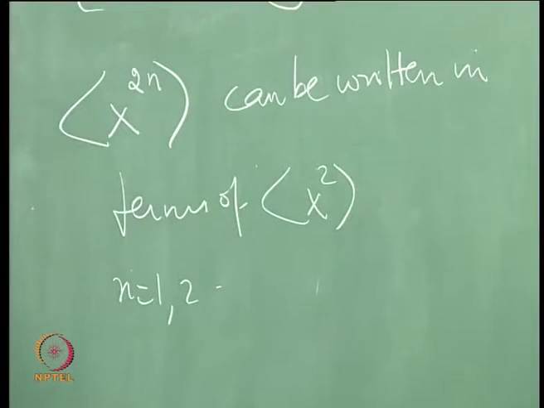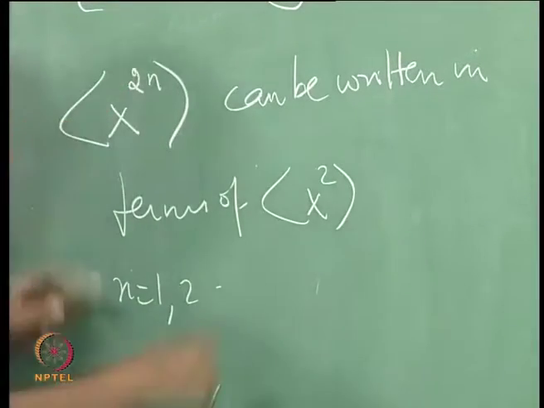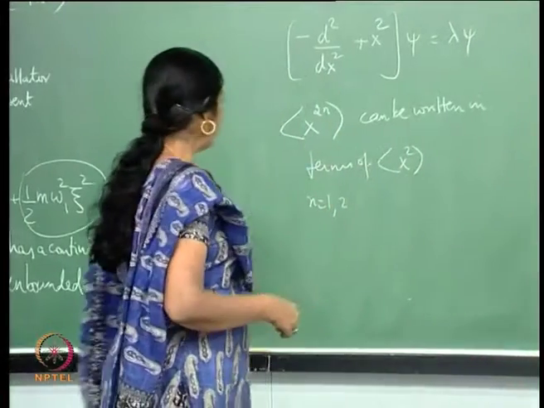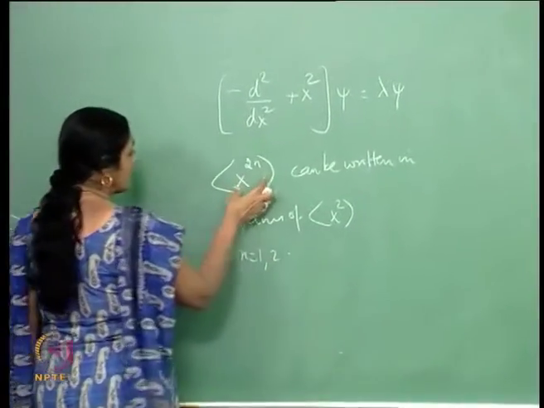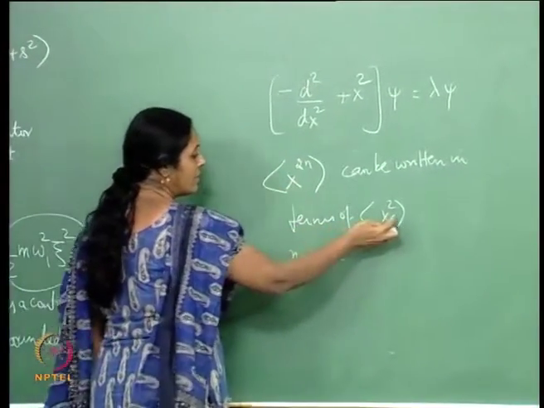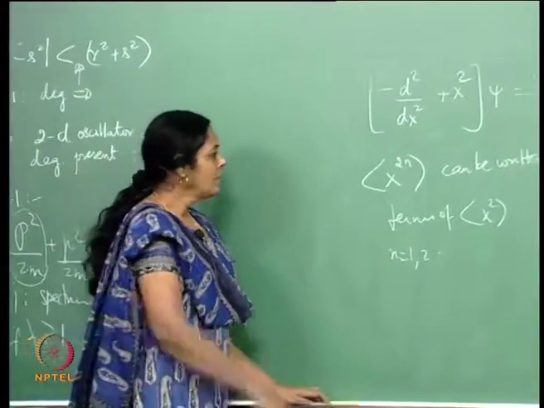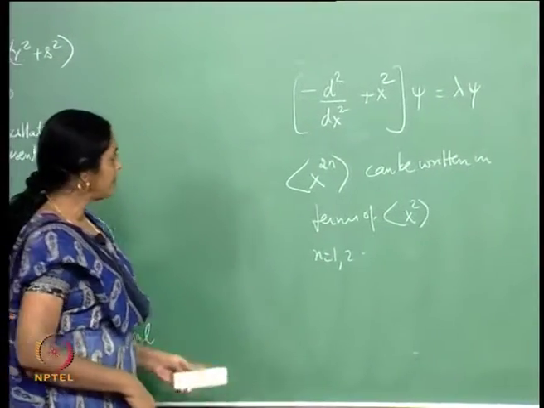Because it is a Gaussian, all these higher even moments can be written in terms of expectation x squared. I leave it to you as an exercise to find out how exactly expectation x to the 2n can be written in terms of expectation x squared. That is because it is a Gaussian.